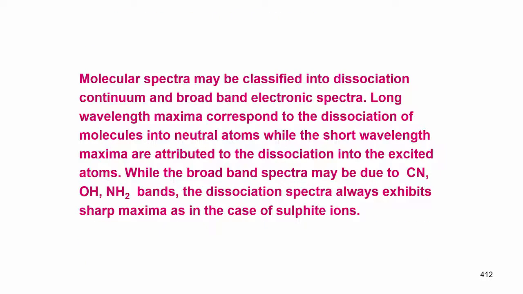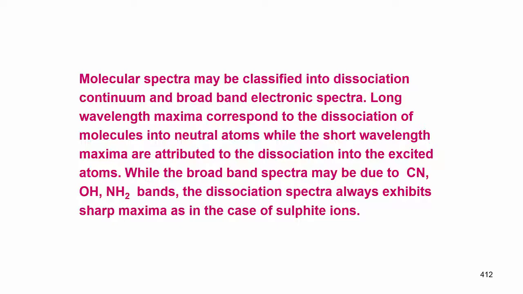Molecular spectra may be classified into dissociation continuum and broadband electronic spectra. The long wavelength maxima correspond to the dissociation of molecules into neutral atoms, while the short wavelength maxima are attributed to dissociation into excited atoms.